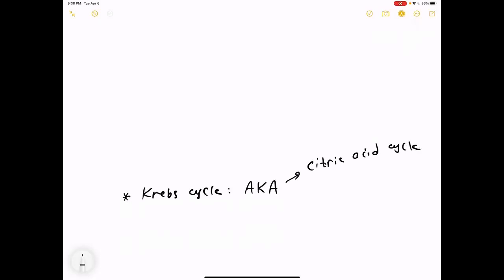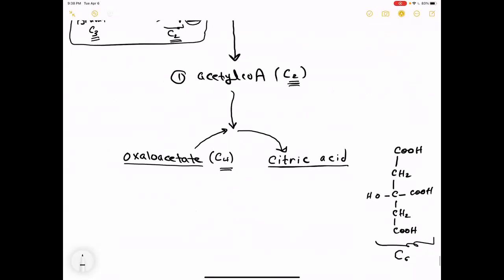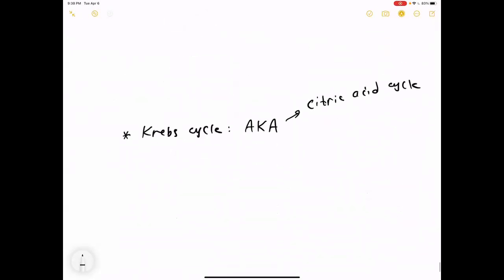And I said, why so? Because the first intermediate formed in the cycle is citric acid. Okay, what else? It's also called the TCA cycle. Why do you think it's called the TCA cycle?